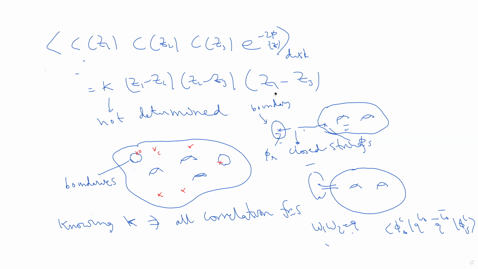All of these I am saying you can get by gluing. If you have something like this, then you also have to have these functions. But all of these are determined once you can determine k.